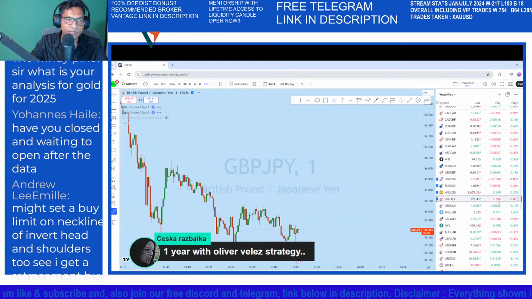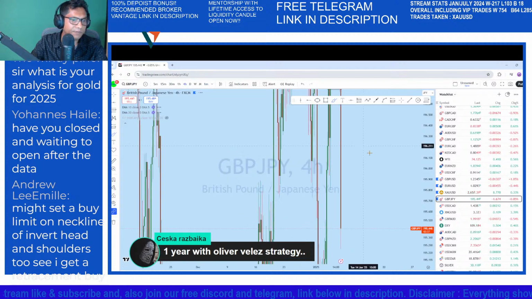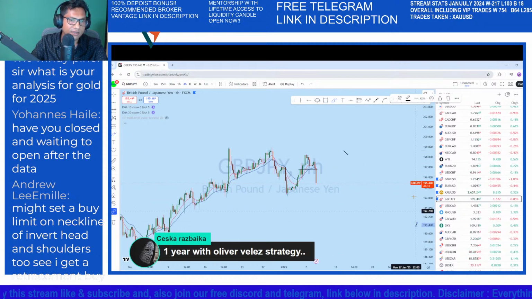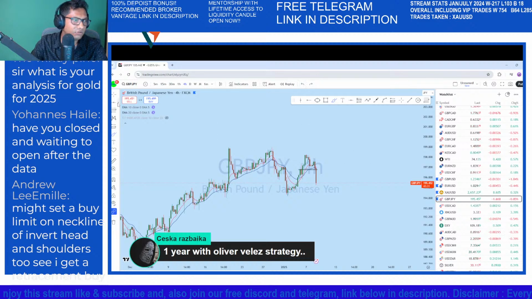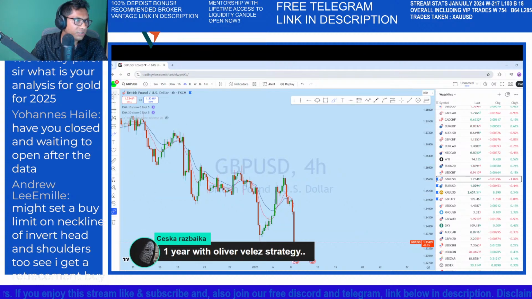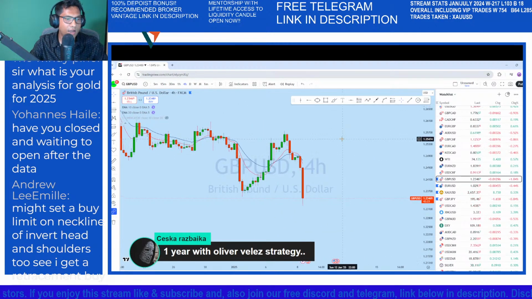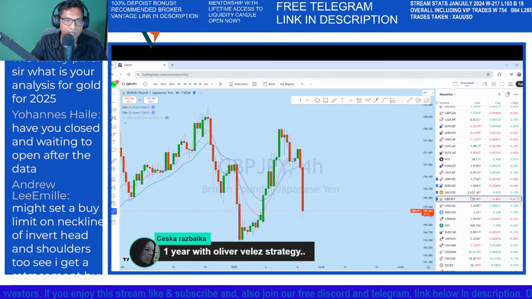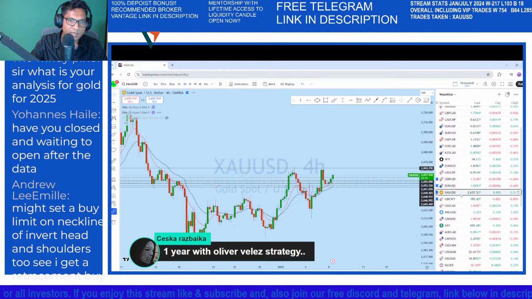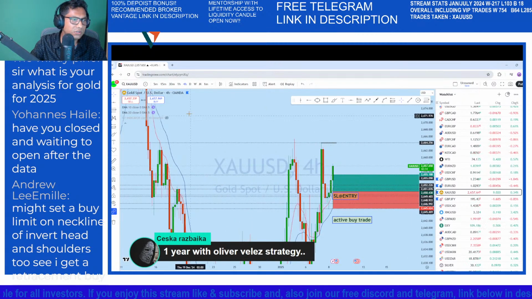Okay, so looking at what's happening with the GBP JPY, we saw that bearish price action. It's for sell, that you had seen early today on GJ, has dropped back here. GBP USD also had a significant drop. On both of these instruments, GBP JPY and GBP USD, we can see from this level there is a significant drop. XAUSD had a bounce.